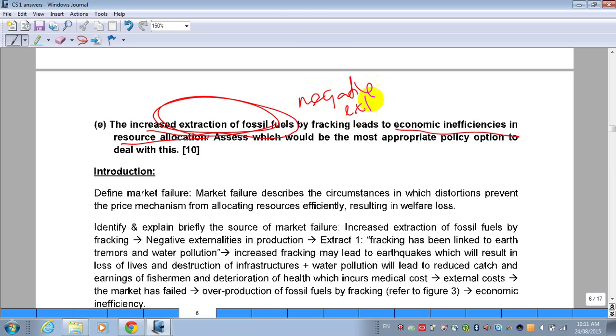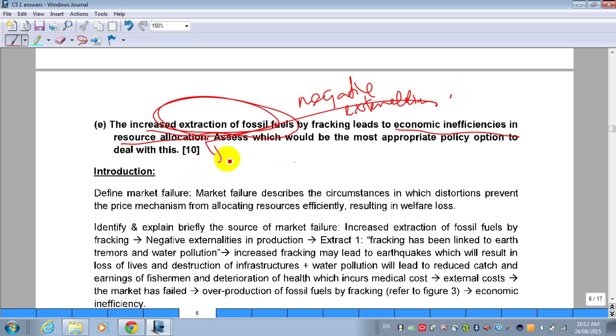Because it's very obvious in the extract that they talk about how there would be some kind of pollution, there would be some kind of climate change, right? And therefore, definitely, the key problem here would be that of negative externalities. This is the source of market failure, which leads to economic inefficiencies in resource allocation, which means that the right amount is not being produced.